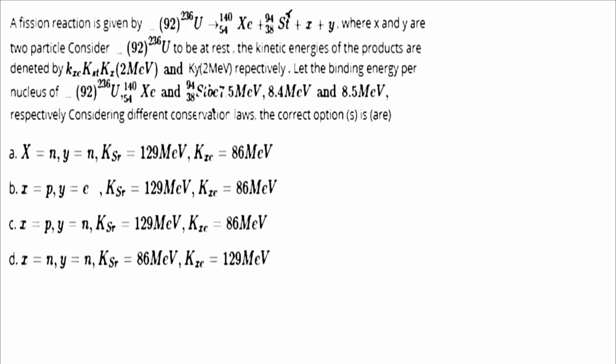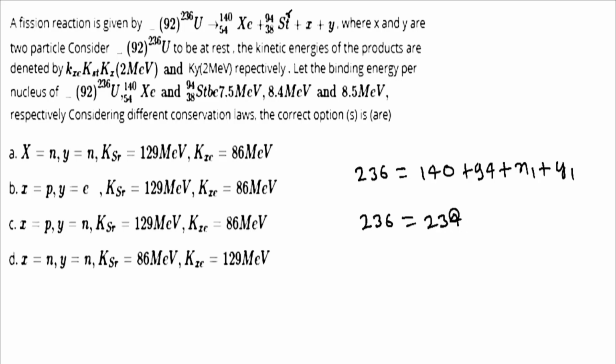From conservation of mass number we can write 236 should be equal to 140 plus 94 plus X1 plus Y1, where X1 is the mass number of X and Y1 is the mass number of Y. So 236 is equal to 140 plus 94, which is 234, plus X1 plus Y1.